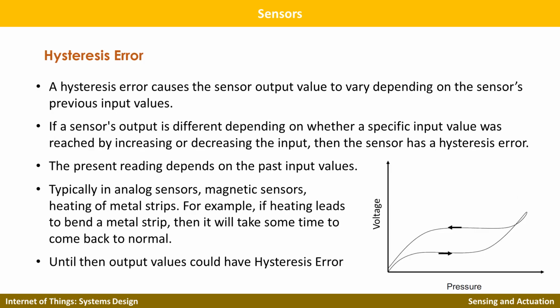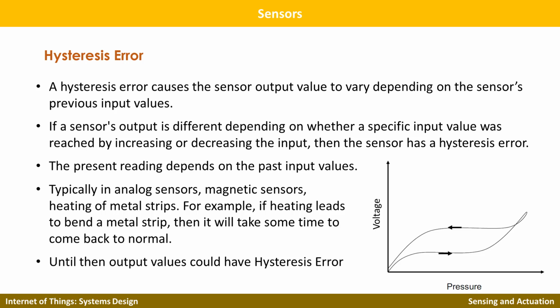Another way of deviating sensor values from the actual value is hysteresis error. This type of error causes the sensor's output value to vary depending on the sensor's previous input values. I gave you a previous example. If you have a hot room, a cold room, and a normal room, ideally if you measure the temperature of the 3 rooms in 3 different orders, hot, cold, normal, or normal, cold, hot, or whatever the order, they should produce the same results.